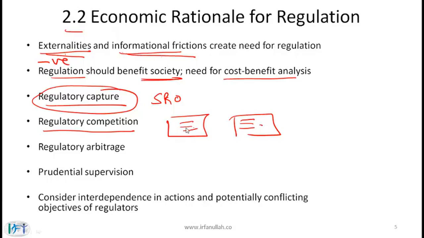Different states might compete with each other because every state wants companies to incorporate in their state. So the state-wise regulators might compete with each other to bring in entities. And again, in the grand scheme of things, this is not favorable. This might not benefit society.